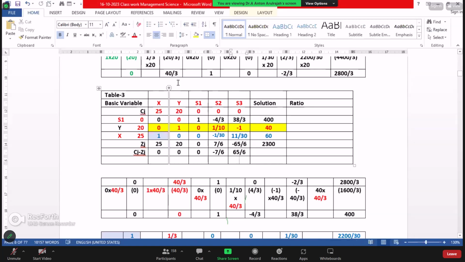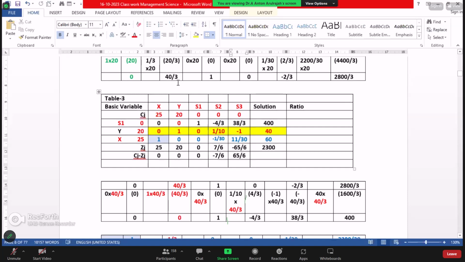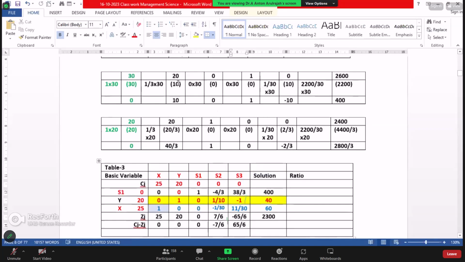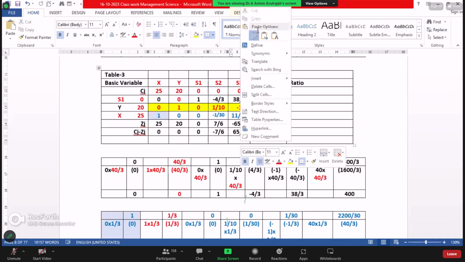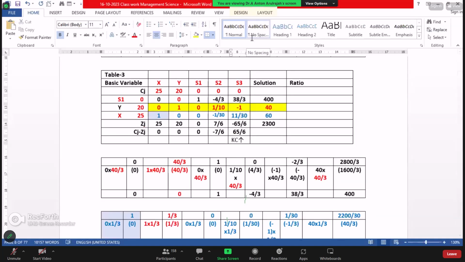So therefore, again we have to consider it. There is a key column. So then if you divide it, 100 divided by 30, 38.